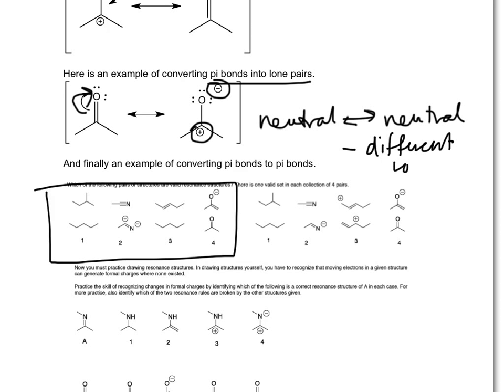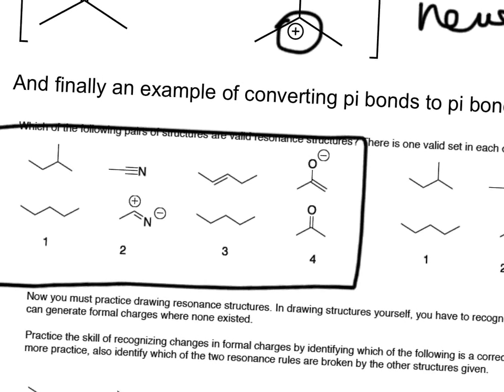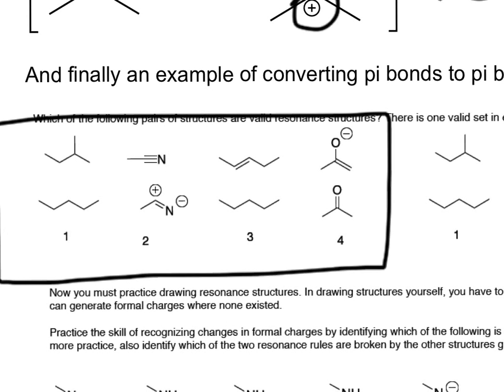Now if we look at 2, and I number the carbons here, 1, 2, 1, 2, and let's draw the lone pair in the nitrogen. If we push a pi electron out onto the nitrogen so that we have 2 lone pairs on nitrogen, we generate a negative nitrogen and a positive carbon. So this could be an answer.